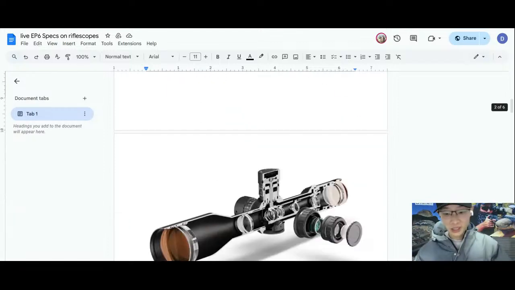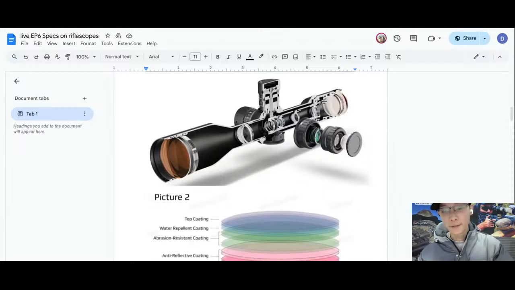So what do these do? They move. When you twist the magnification ring, all these lenses change in terms of position. This can move front and back to change the magnification. So that's how the magnification changes work.